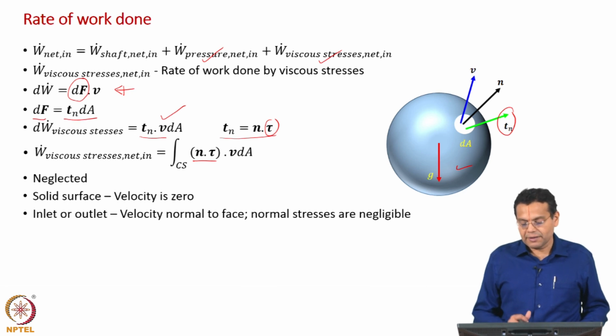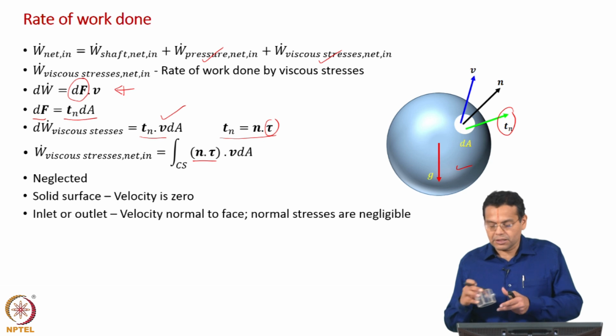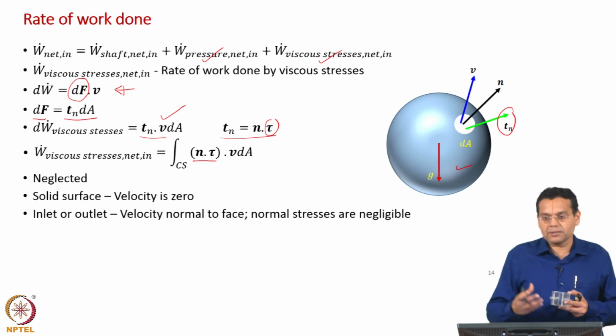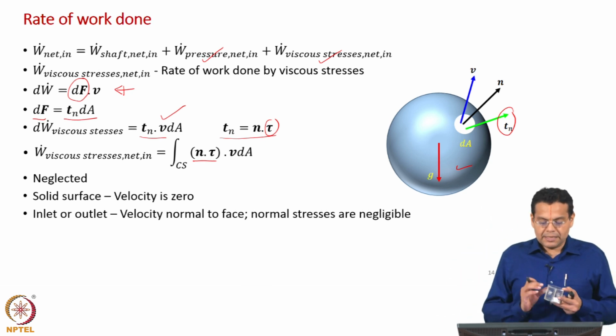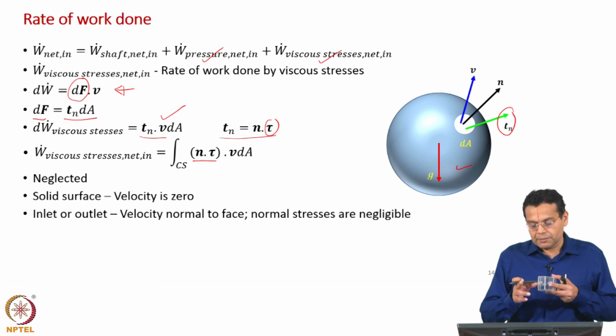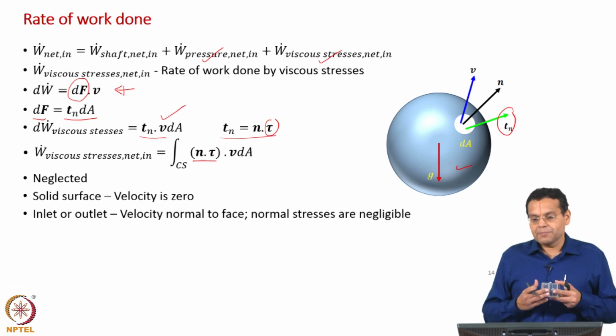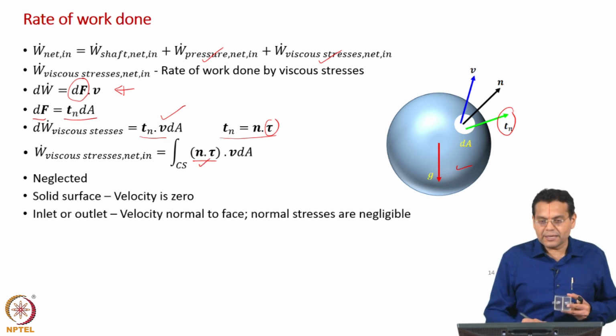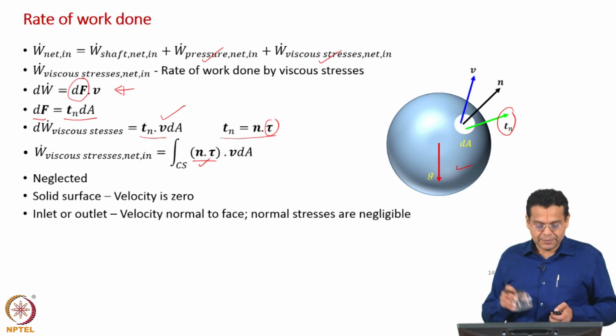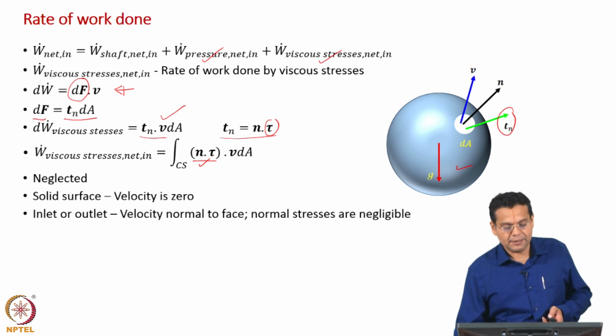Okay. So, why are we neglecting? On the walls the velocity 0 does not contribute at all. Wherever you have inlet outlet, mostly the flow is perpendicular to the face. So, only normal stresses play a role here and they are usually negligible, and hence we are neglecting.